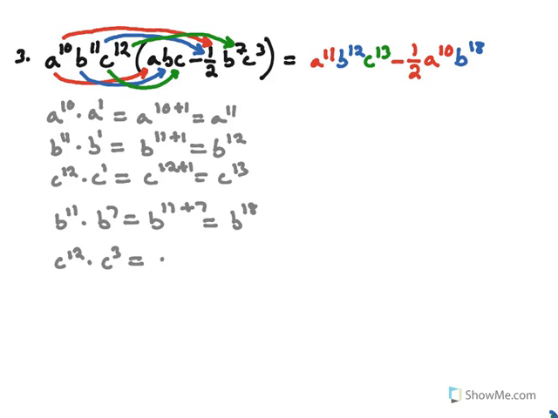That just becomes 12 plus 3, and that's c to the 15th. And we put that over there. That would be your final multiplication. I color-coded it so you can see what I'm doing. And that would be your final answer, this whole thing.